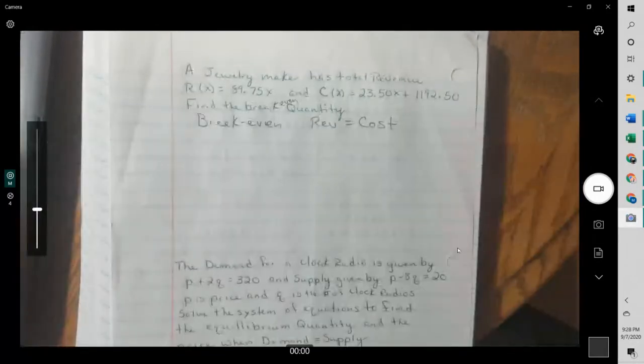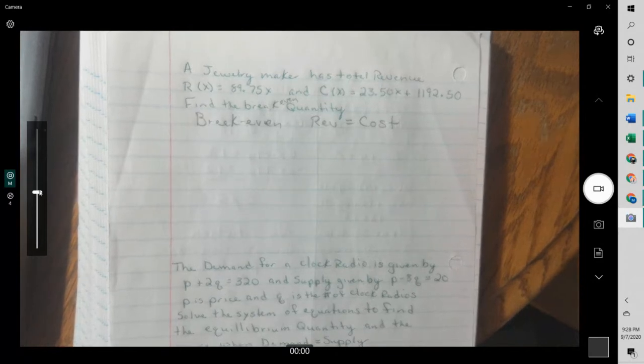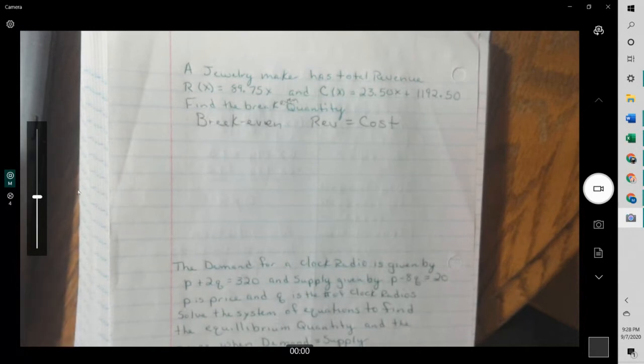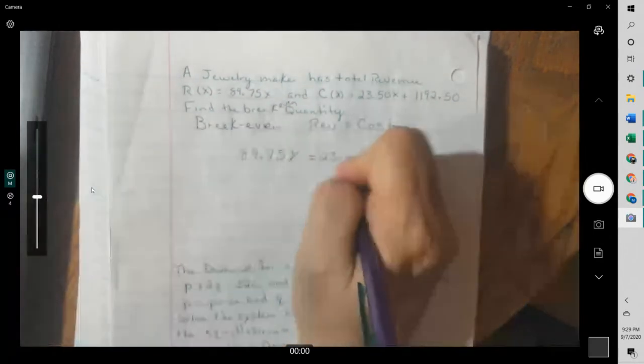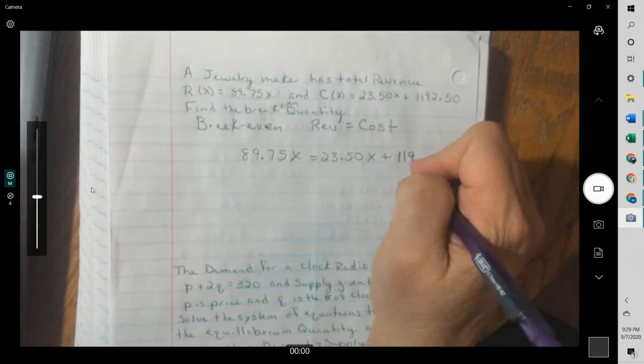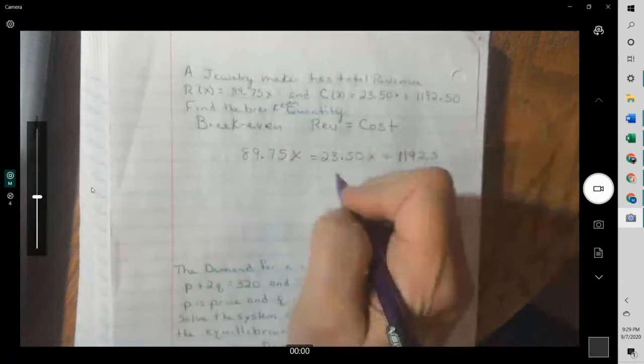So the break even, and usually it's just the quantity that you're looking for. Your break-even quantity is when your revenue equals your cost. So you want to set them equal to each other and solve. So this is our revenue, 89.75x, equals our cost, 23.5x plus 1,192.5.